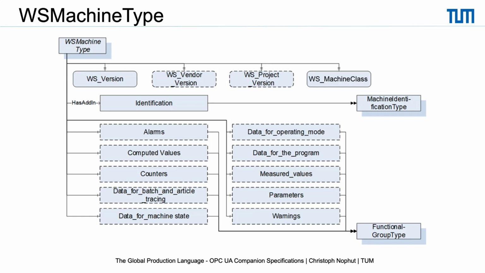The last information the machine type organizes are the data points within different categories. I showed you before, each data point belongs to one category, and each category has its own functional group folder, so you can compare it to a folder on your file system, and each data point is organized within such a folder.